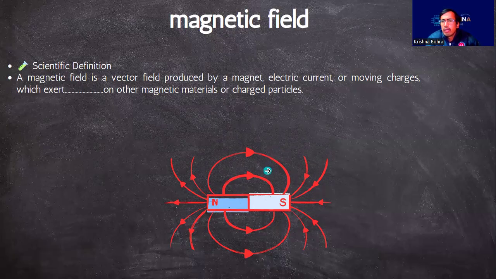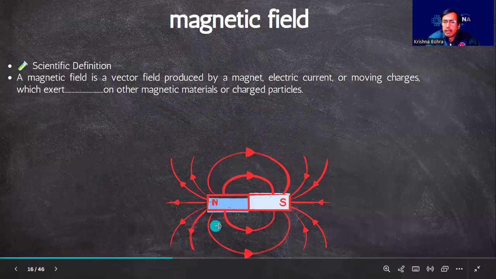We can figure them out by sprinkling small iron particles or filings, or by using a compass near this magnet. We put the compass over here and mark the direction of the compass needle, then move it and mark again, and so on. It will give us the magnetic field lines, the direction of the magnetic field.